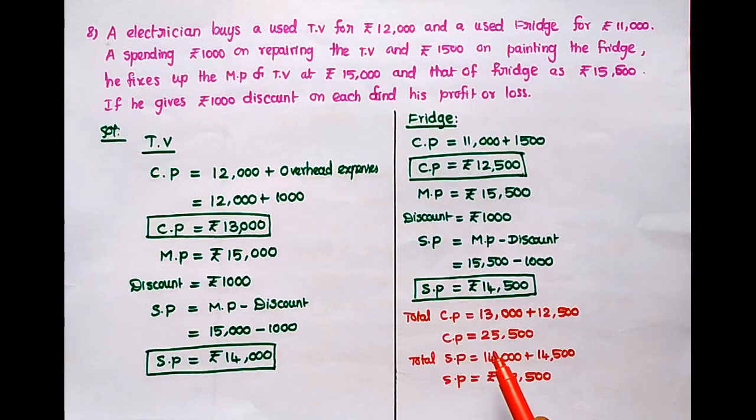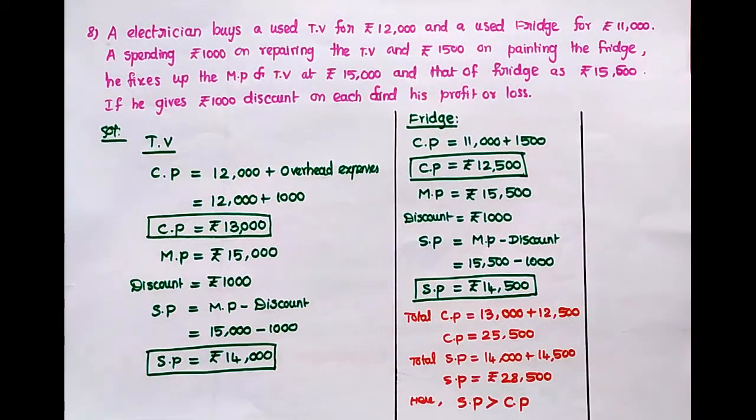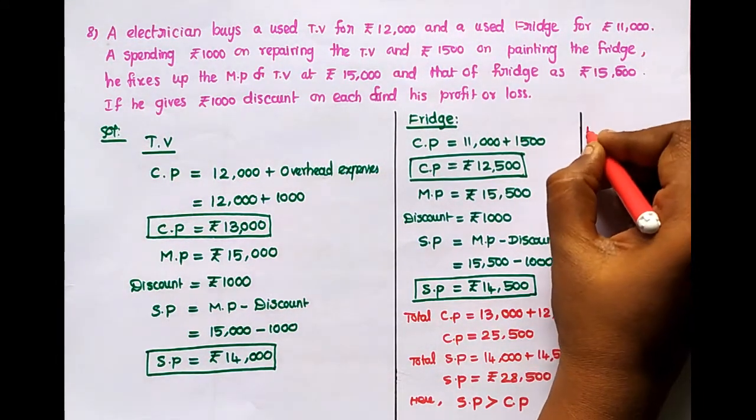Listen here, cost price is 25,500, selling price is 28,500. So selling price is greater than cost price. Selling price greater than cost price means profit.